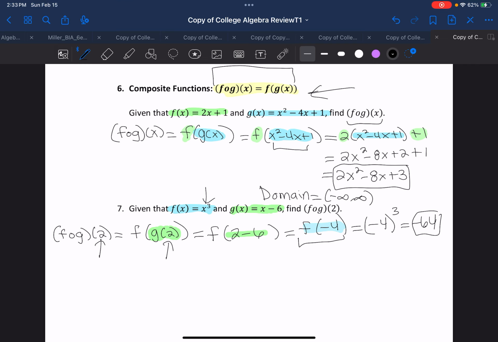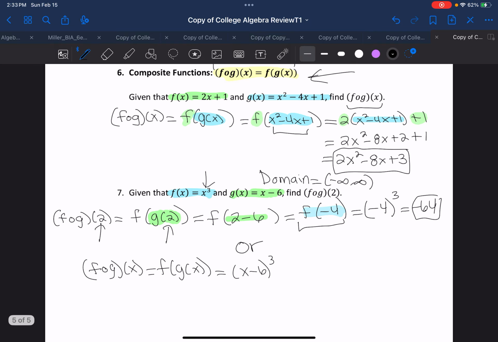Now you could also find f of g of x first, which tells me to plug g of x into f, which would be x minus 6 all cubed, and then plug in 2, which would be 2 minus 6 all cubed, which is negative 4 cubed, which is negative 64.